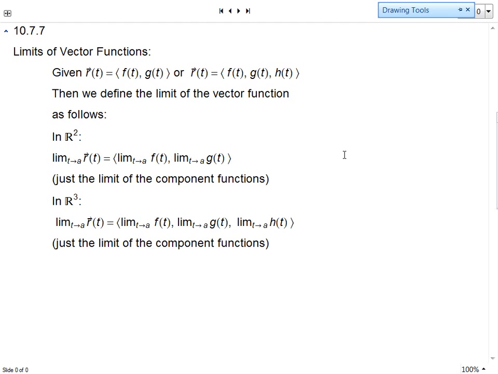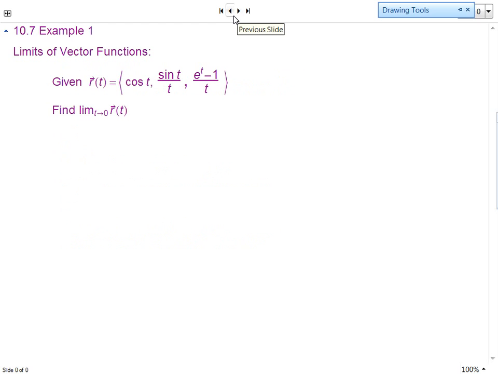So each component function does something. This is all the notation for it. If you want to take the limit of a vector valued function, you take the limit of each of the individual component functions, which sounds nice.